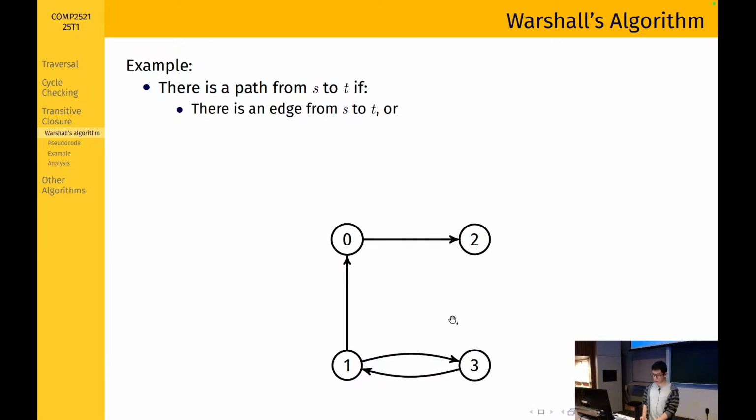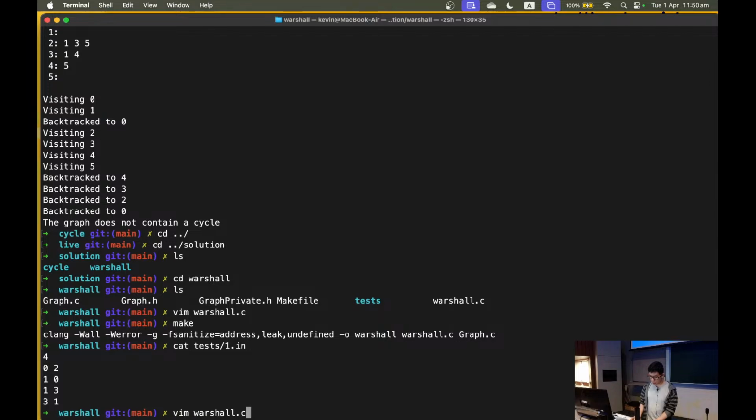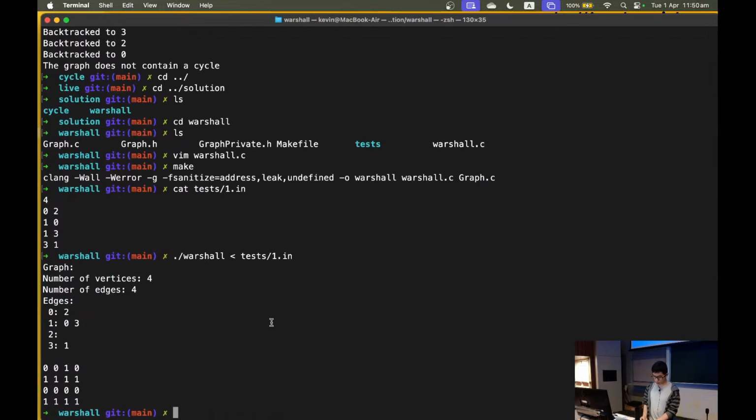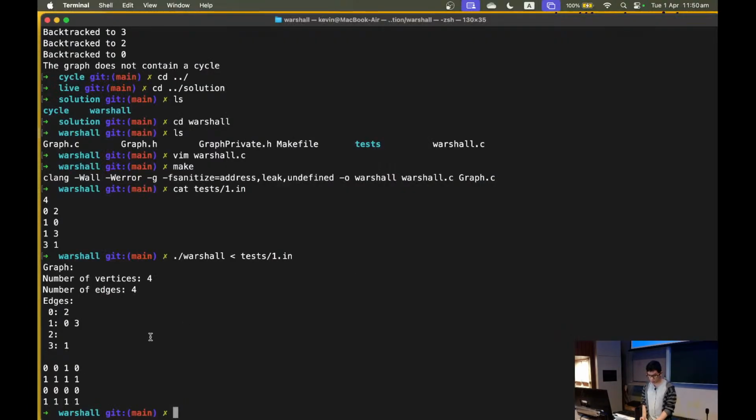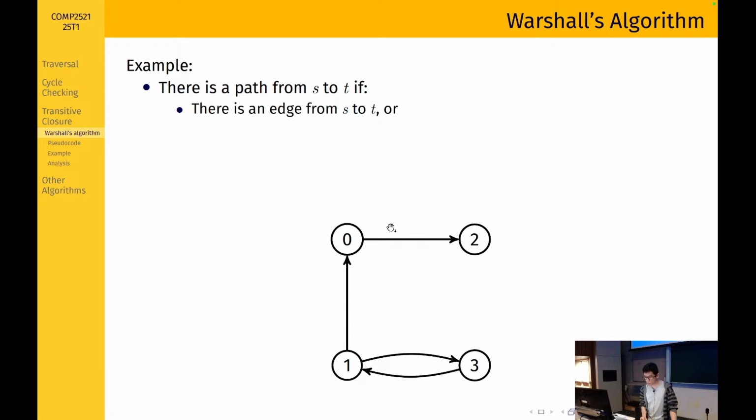If we run our algorithm on this graph, we should get this matrix over here. That tells us that from vertex 0, we can get to vertex 2. So that 1 tells us that. From vertex 1, we can get to any other vertex, which is true. And from vertex 3, we can get to any other vertex, which is also correct.